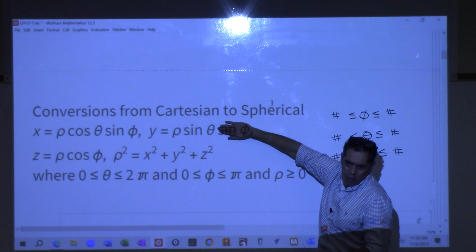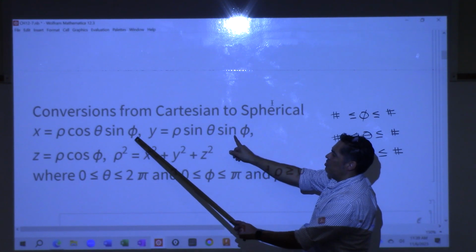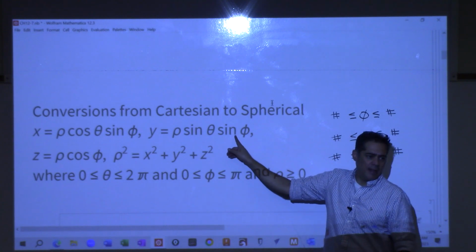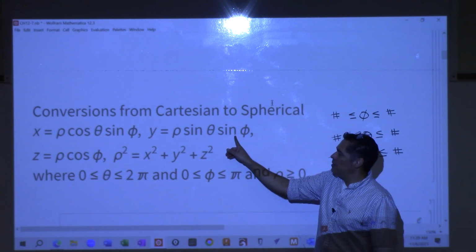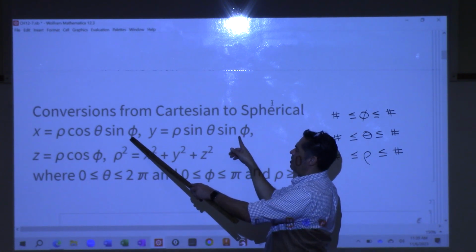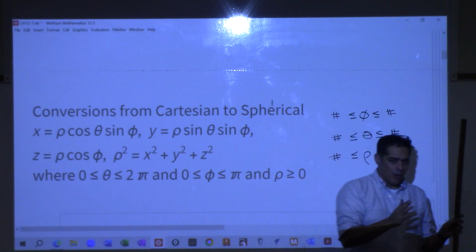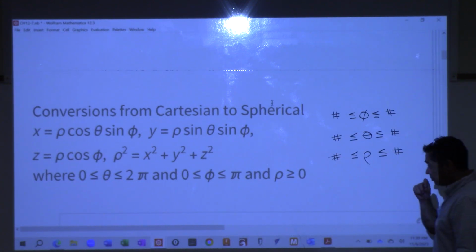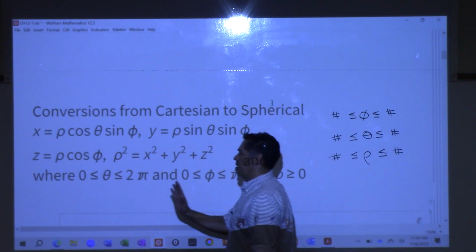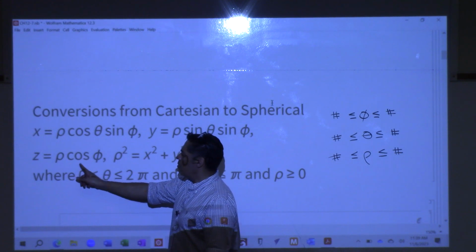Rho sine theta. So that part's the same, but what do you tack on to the end of each of those? Sine phi. You can say phi or phi. It's debated, all right? Sine phi is tacked on, so it's your polar x and y with the additional sine phi. Now, the z is different. The z becomes rho cosine phi.